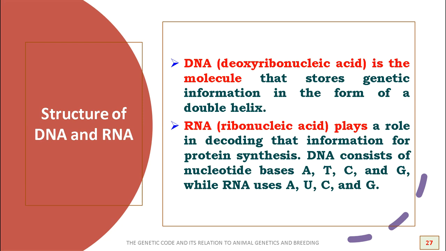So DNA consists of nucleotide base pairs: adenine, thymine, cytosine and guanine, A, T, C, G. While RNA has A, U, C, and G. The RNA, ribonucleic acid, plays an important role in decoding that information for protein synthesis.